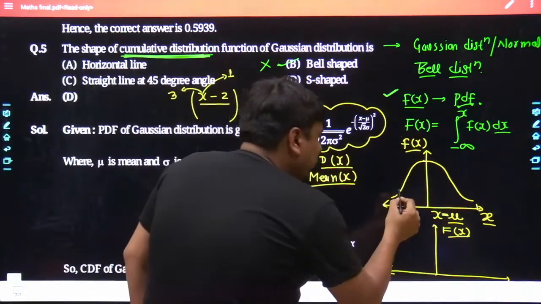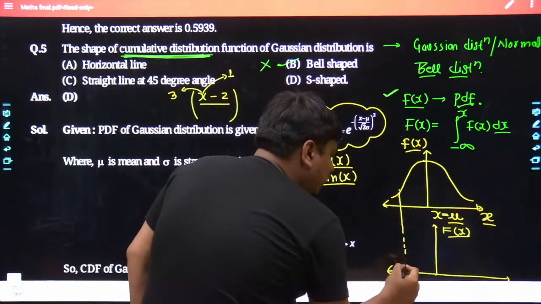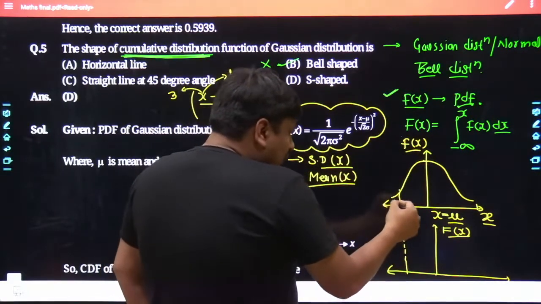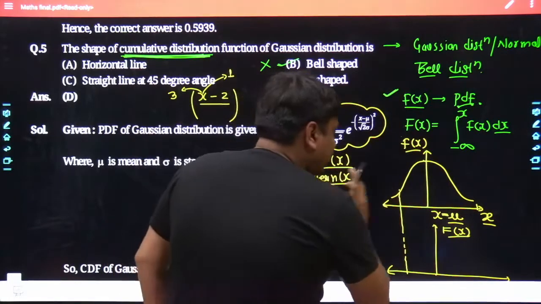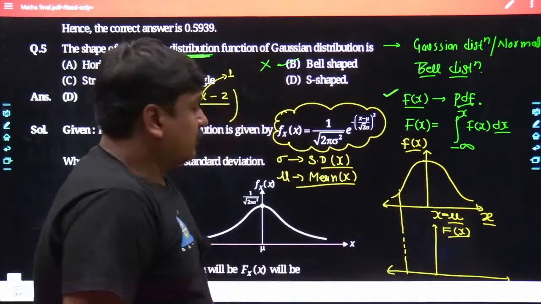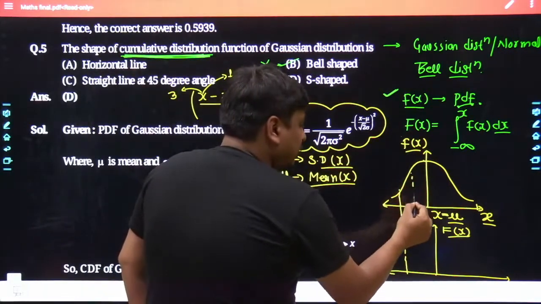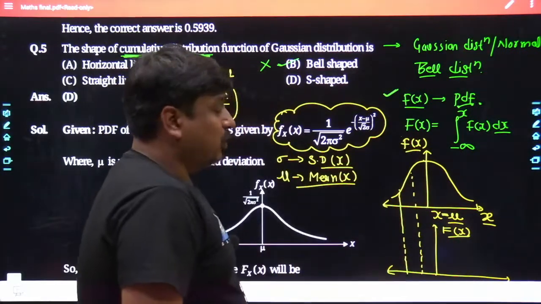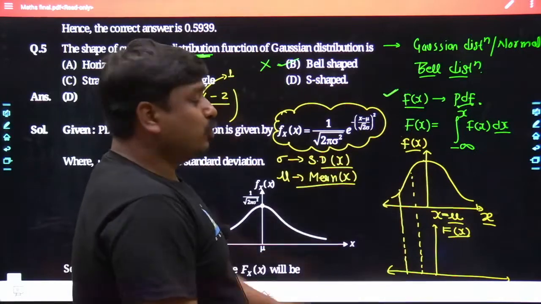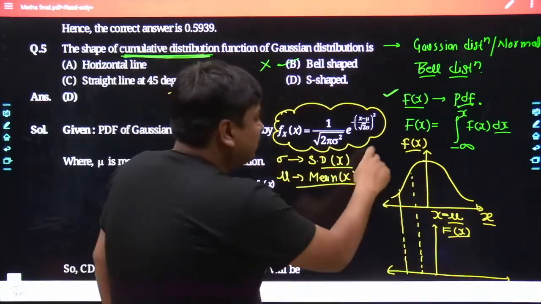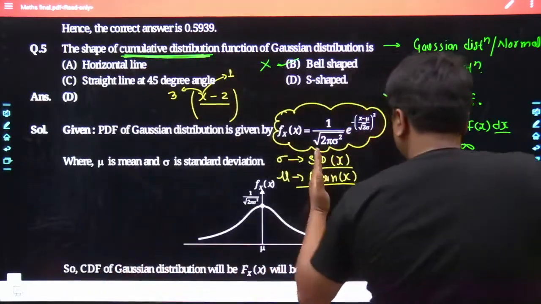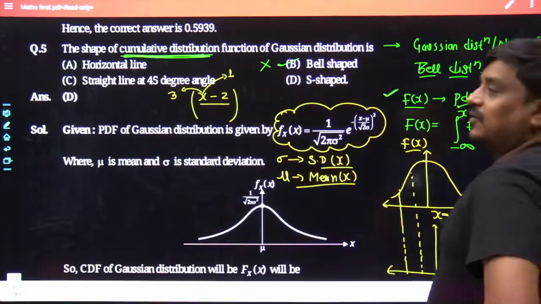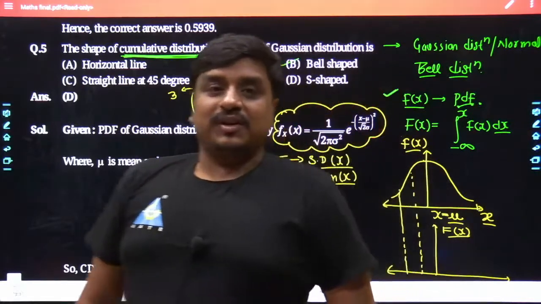That means if you are interested in finding capital F of x at this point, you had to integrate all of the area occupied from minus infinity till this point. It would be the area under the curve of small f of x, from x equals minus infinity till this point.